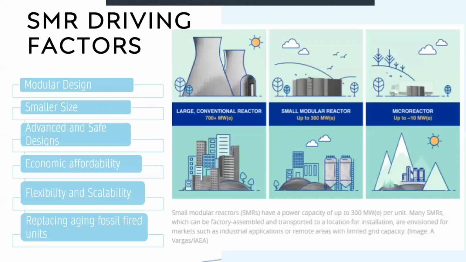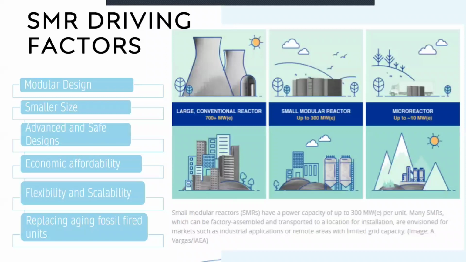So SMRs have advanced and safe designs. Because we are considering reactors that have a pretty small thermal capacity, between 10 megawatts and 300 megawatts, it is proposed that small modular reactors will give some economic benefits.